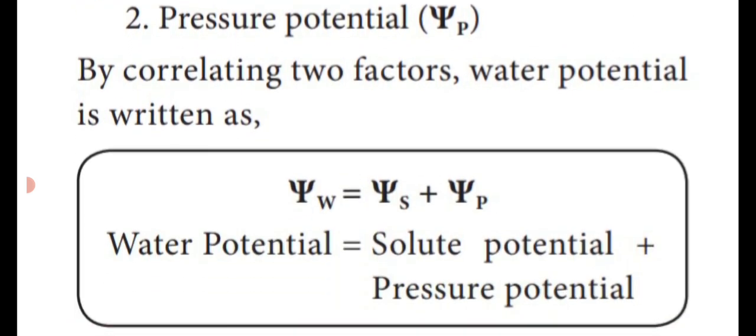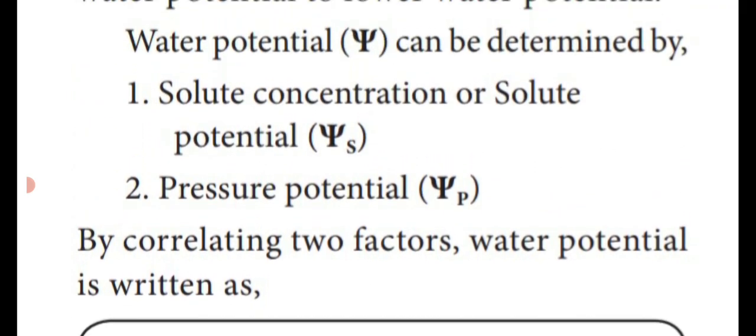Next, another factor is pressure potential. P for pressure. The water potential symbol is psi, and at the base you write P. So we are correlating these two factors: solute potential and pressure potential.